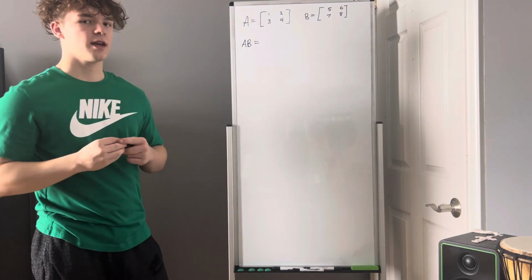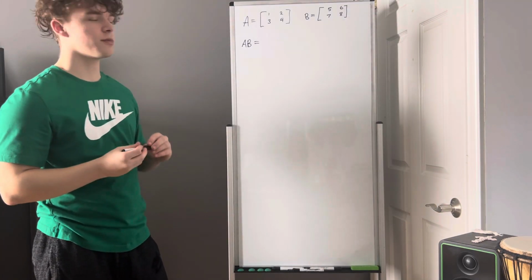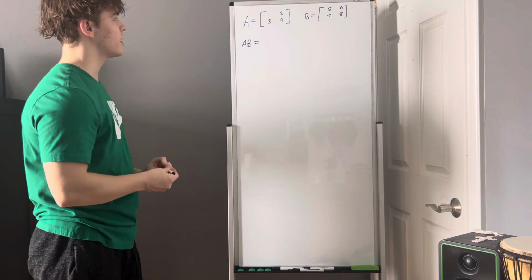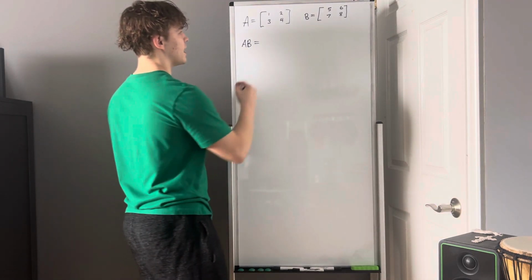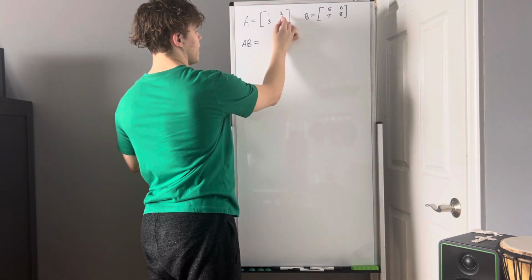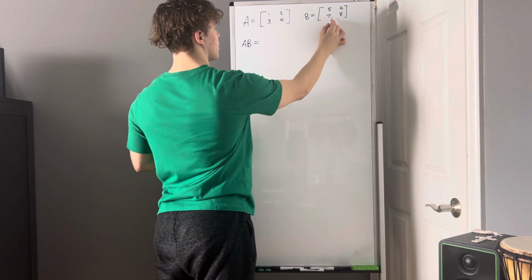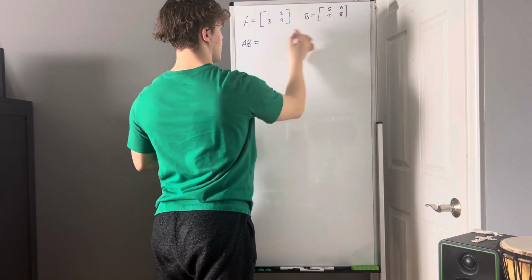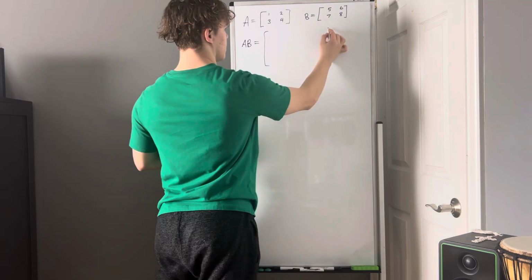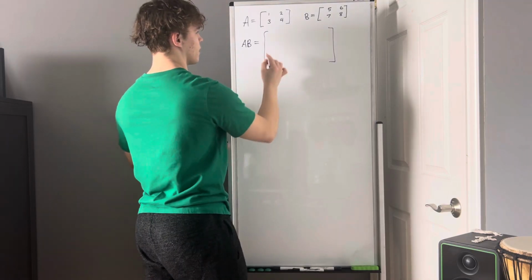So let's multiply these. What we're going to do is take our rows from A and our columns from B, and distribute them. I'm going to make this matrix a lot bigger.